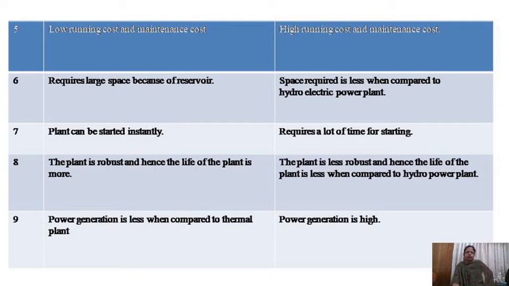Next one is the plant is robust, that is the plant is strong and the life of the plant is more. In the thermal power plant, the plant is less robust and hence the life of the plant is low when compared to the hydroelectric power plant.